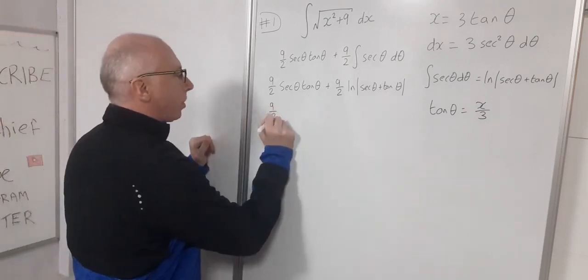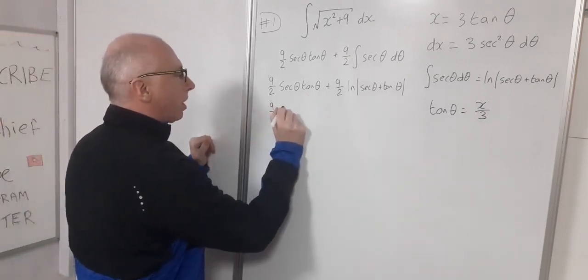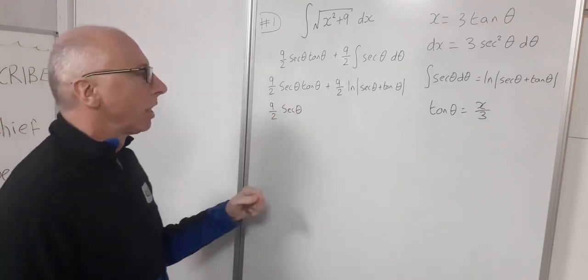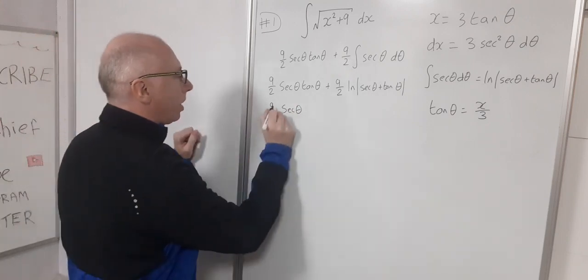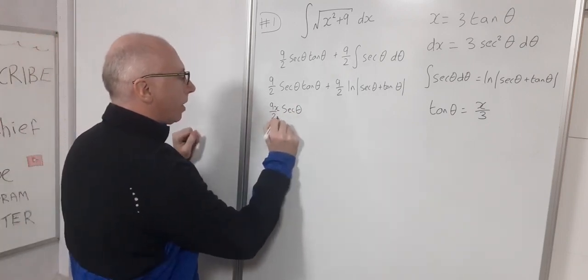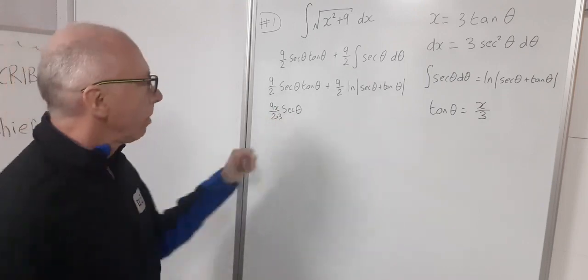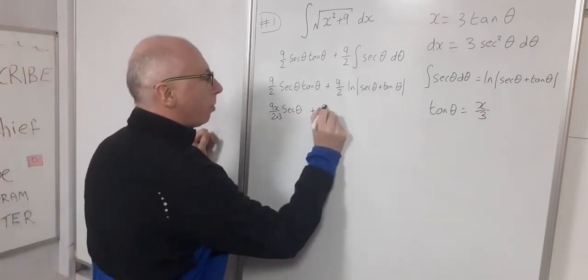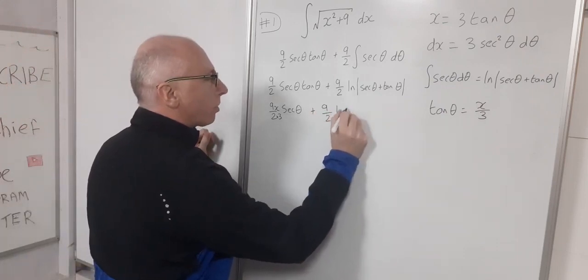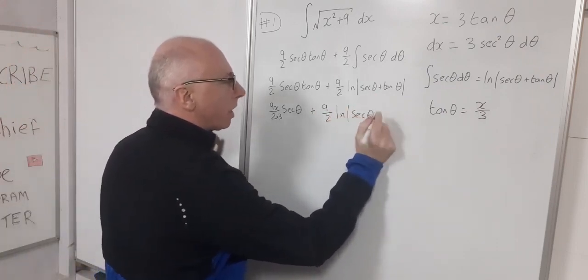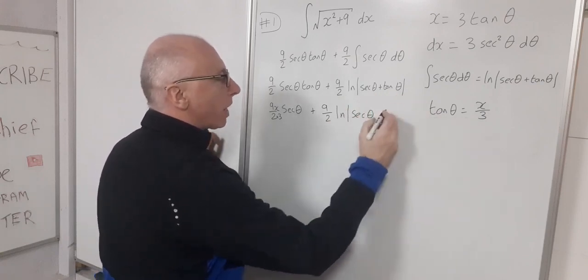So 9 over 2 times secant theta times x over 3. So I'm going to put this as 9x and then multiply that by 3 secant theta. That will be part of the answer there. And then here I've got plus 9 over 2 natural log secant theta, which I'm going to come to in a minute, and then tangent theta, which is x over 3.